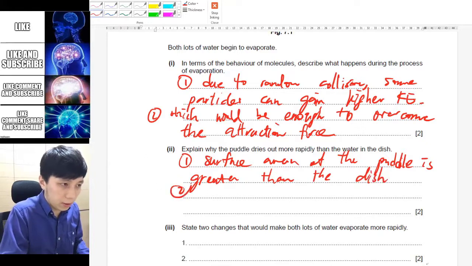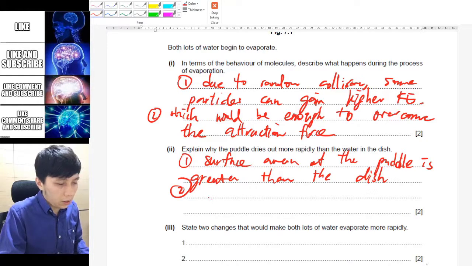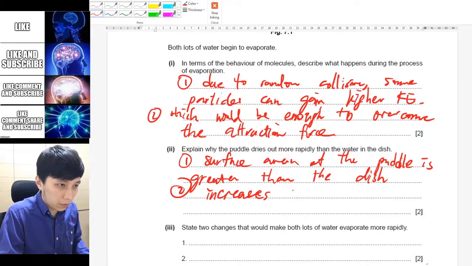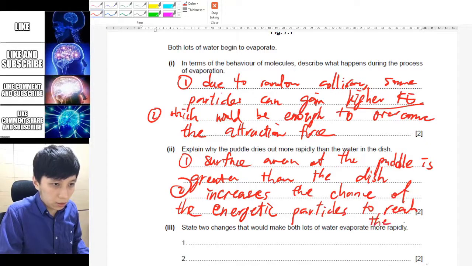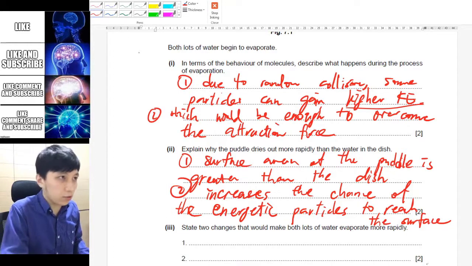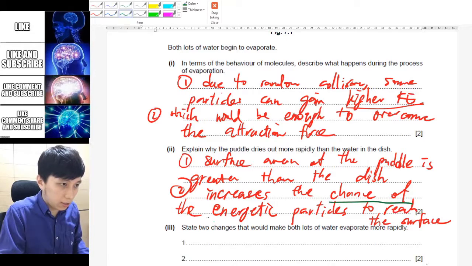Number 2, because this increases the chance of the energetic particles, which are the ones with higher KE, to reach the surface.